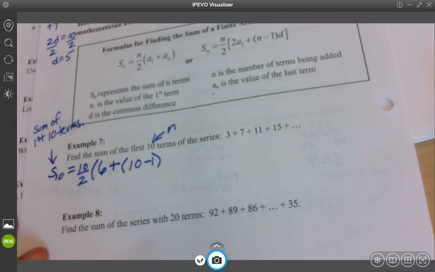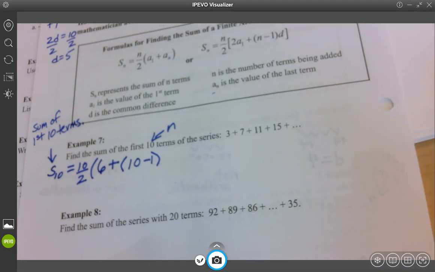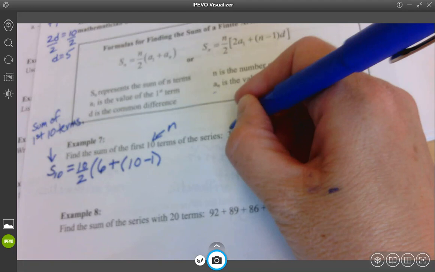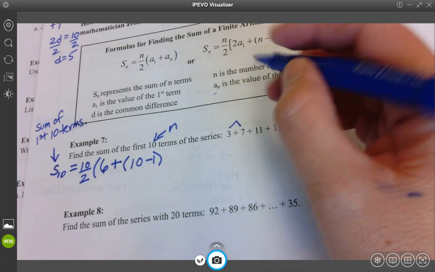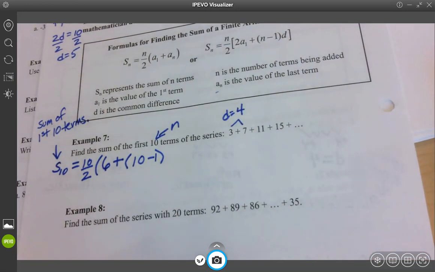They didn't tell me the D, but we can figure it out. Can anybody tell me what the D is? Remember the D is how much we're adding each time? 4, good. D equals 4.